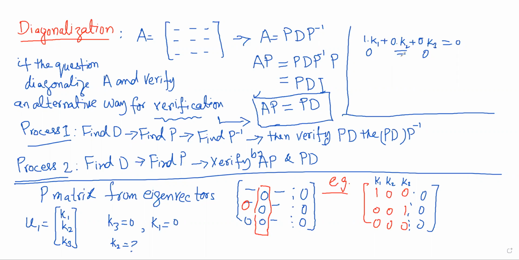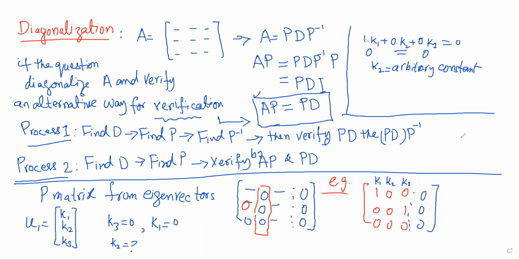Therefore, K2 does not necessarily have to be equal to 0. K2 can be an arbitrary constant.